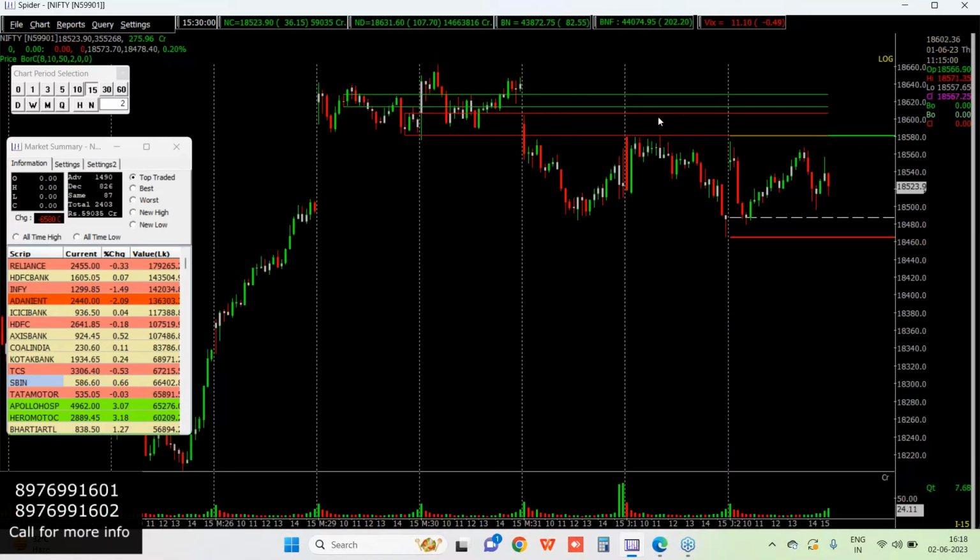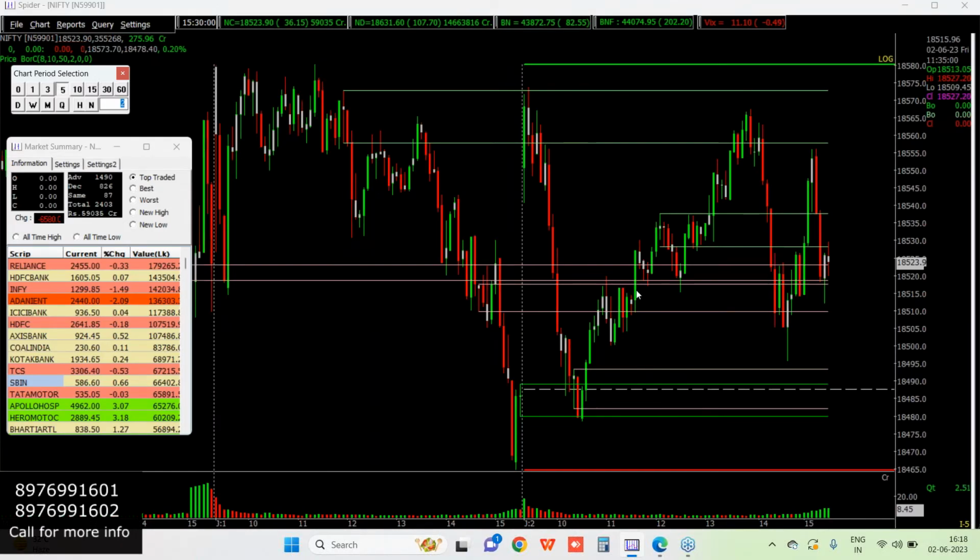So this was a resistance zone. That is why for the last 2 days Nifty is continuously falling whenever it tries to test that level. The same way you can use this study in intraday on 5 minutes as well as 15 minutes.